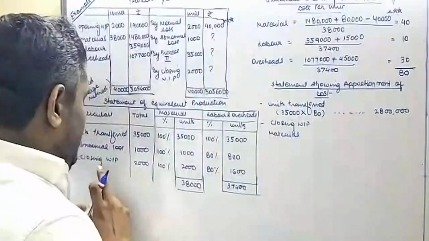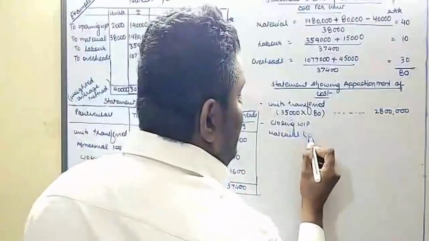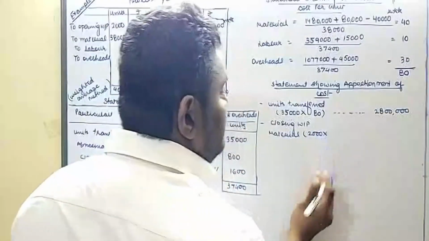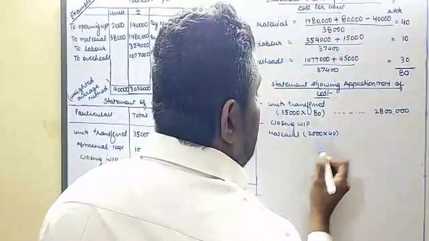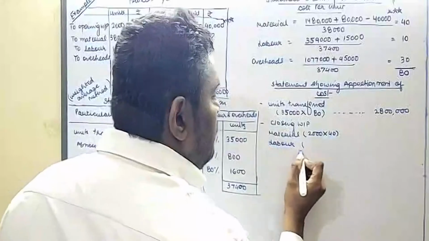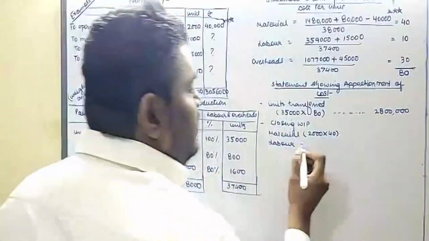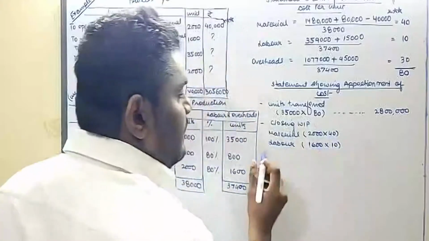When talking about the material cost in respect of closing work in progress, 2000 are the equivalent number of units into the cost per unit of 40. Similarly, for labor, the equivalent number of units is 1600 into 10.